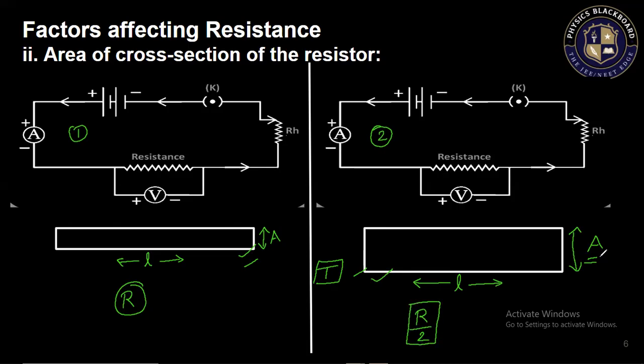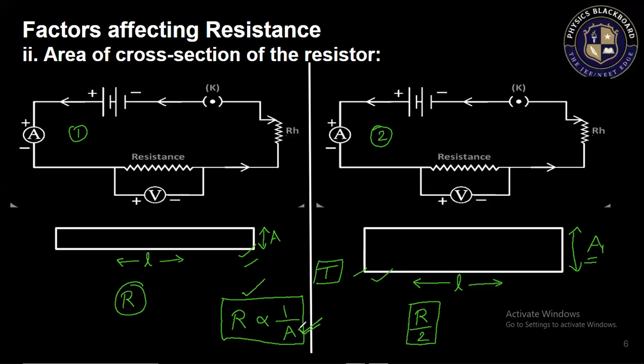That is, as the area of cross section gets doubled, the resistance becomes half. From this we can give the relation for resistance and area of cross section as R is inversely proportional to the area of cross section of the resistor.